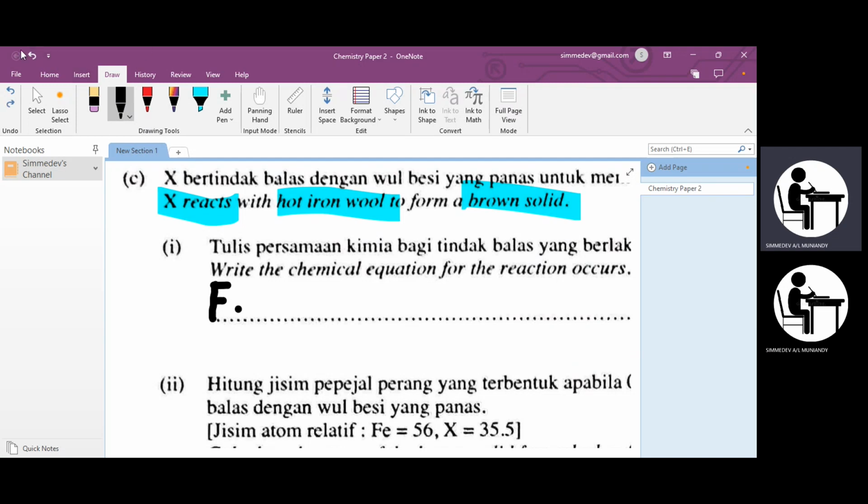Okay, I hope everybody could write Fe properly, unlike me who's struggling to use this mouse. Fe plus X produce Fe X.